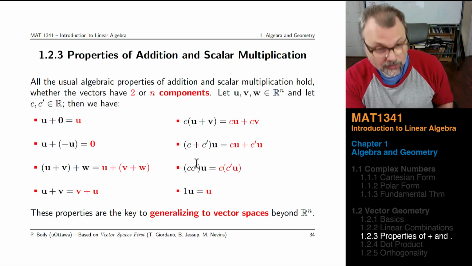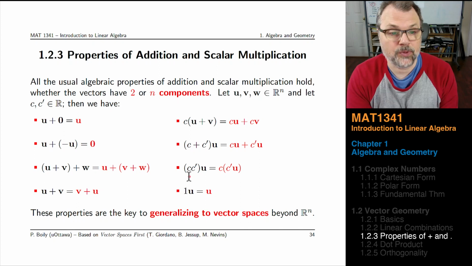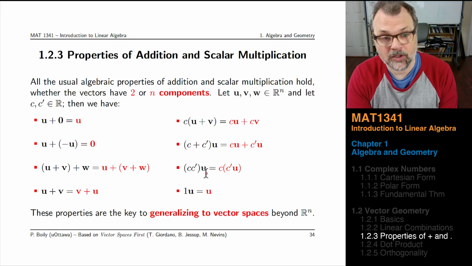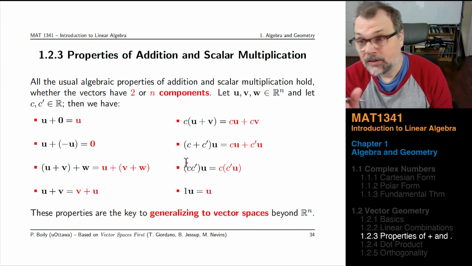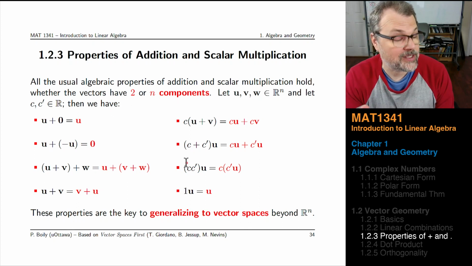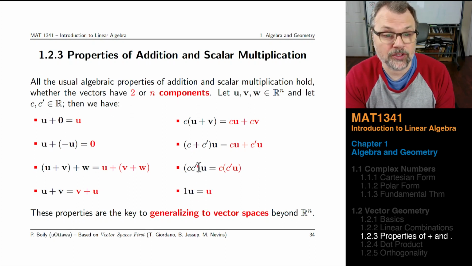The scalars are associative as well. For c times c prime times u, you can first compute the product of c and c prime and multiply by u, or you can first compute c prime u and multiply by c. And because scalars come from the space R, these are numbers, and because R is commutative, you could also write this as c prime c u.